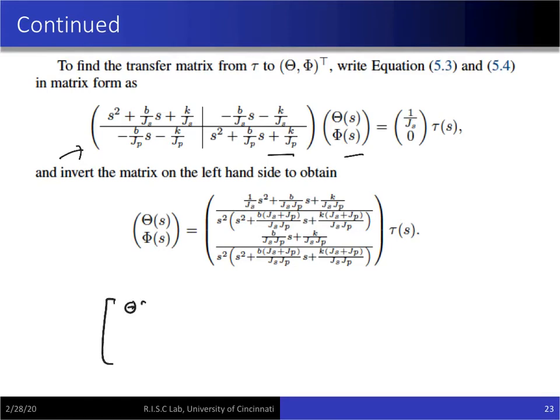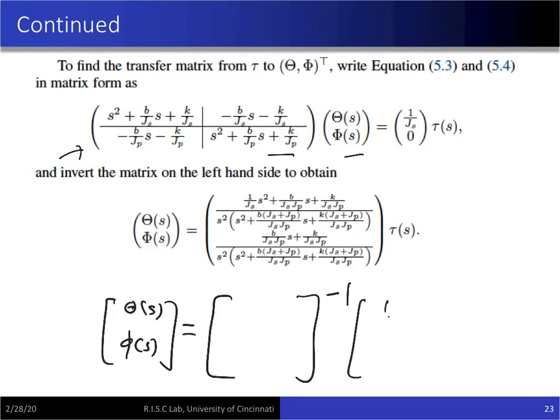It will be theta s phi s equals this 2 by 2 matrix inverse times 1 over js, 0, tau of s. That's what you have to do, right? So when we invert that matrix and multiply this, we get two transfer functions, or two quantities here. So these are the transfer functions there.